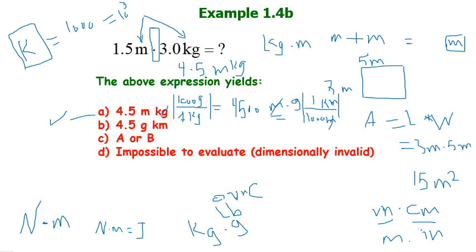The meter would be cancelled with meter, and 1000 here was 3, so it would be 4.5 gram kilometer. So B is also right. Then A or B will be the right answer.